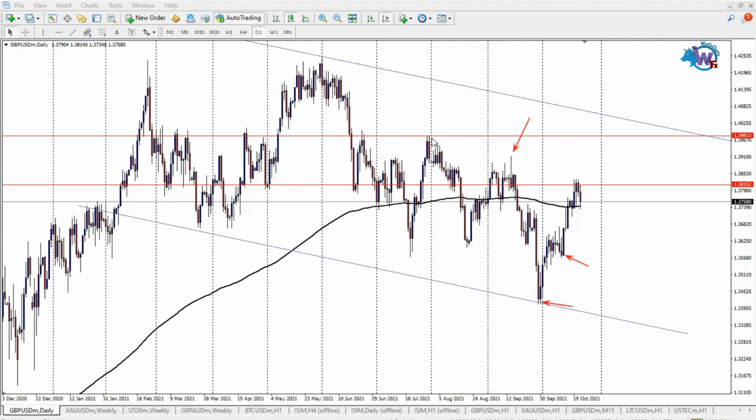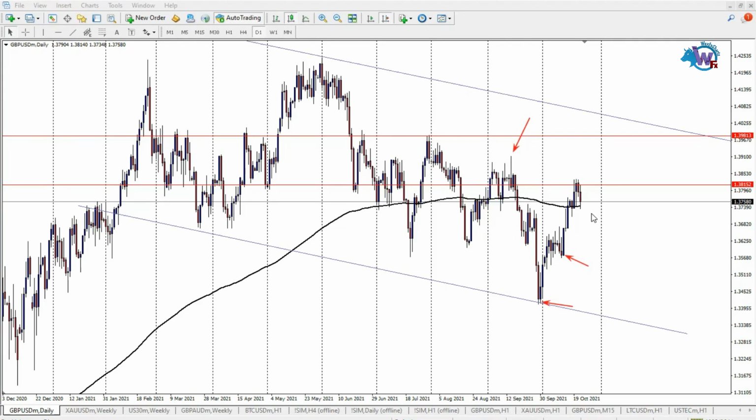The highs of July is practically where we'll be targeting if price breaks through the 1.3815 level. There's a high probability that it should push higher. Now, on the contrary, because of this daily structure, there is also a probability that price will push lower to create a higher low, then push higher.